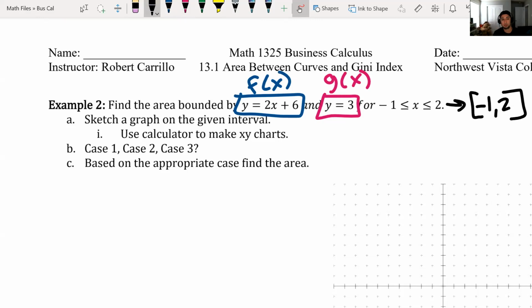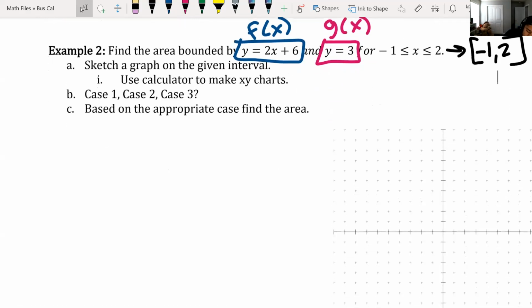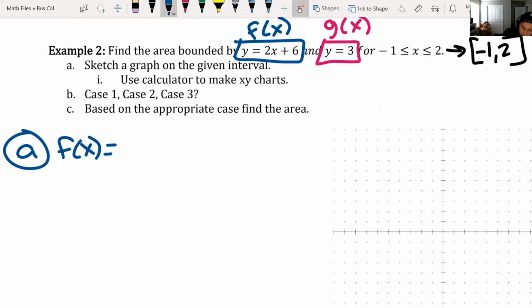Okay, well, let's make some XY charts because we want to graph it. So for A, we have f of x equals 2x plus 6.